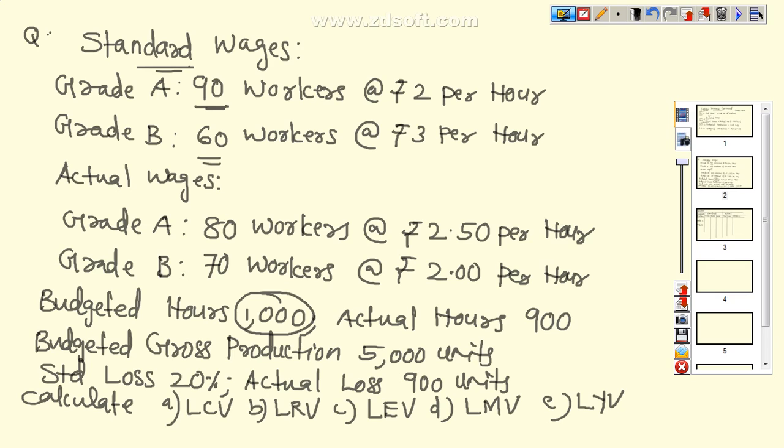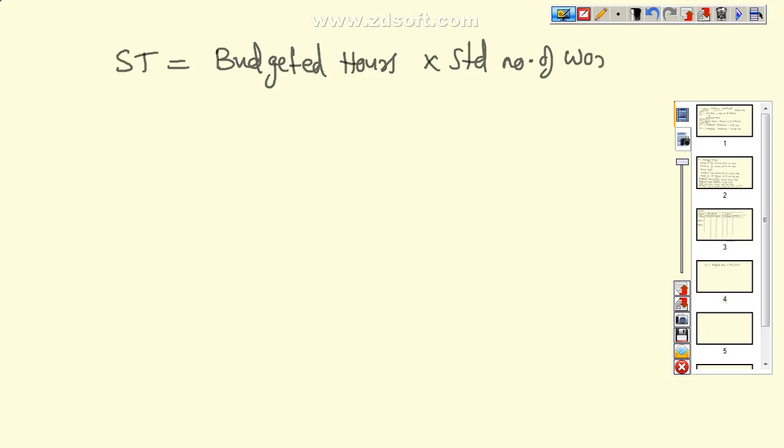So we calculate standard time, ST, which is equal to budgeted hours multiplied by standard number of workers.